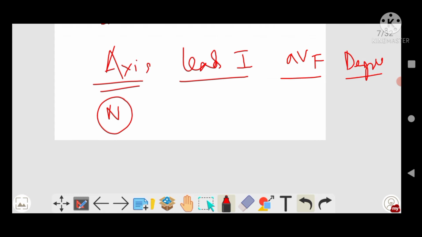So normal axis, of course normal in both leads, and the degree of normal axis, you must remember, is -30 to +90, correct?